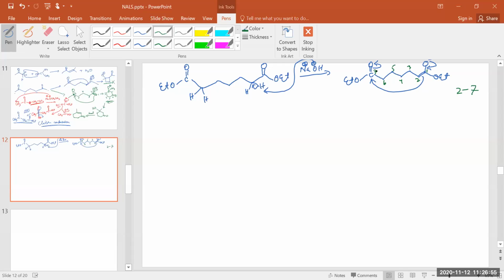So 2 to 7 means 6 carbons, 6 carbon means 6 member ring. So now suppose this is 2, so at 2 you will have the ester functional group outside. So 1, 2, 3, 4, 5, 6, 7. At 7, you will have the O minus OEt.